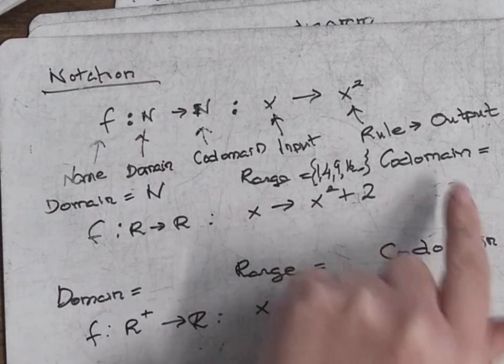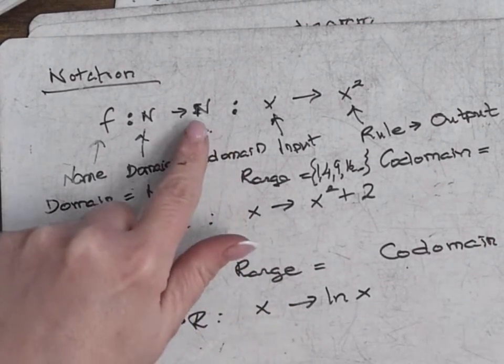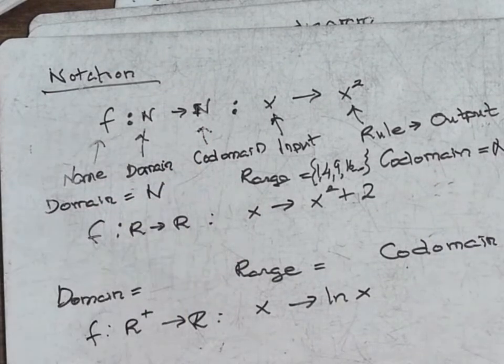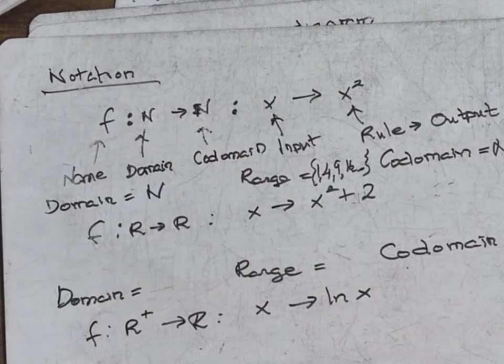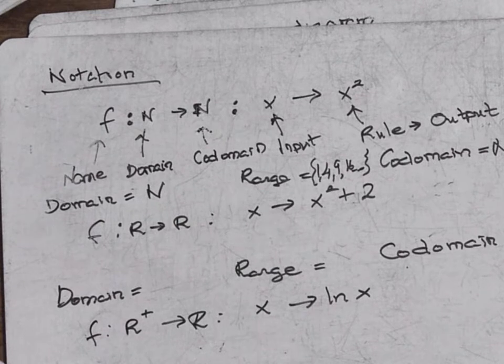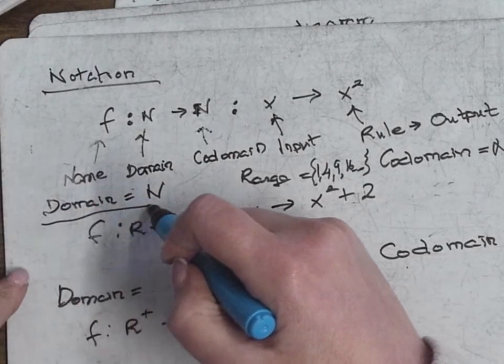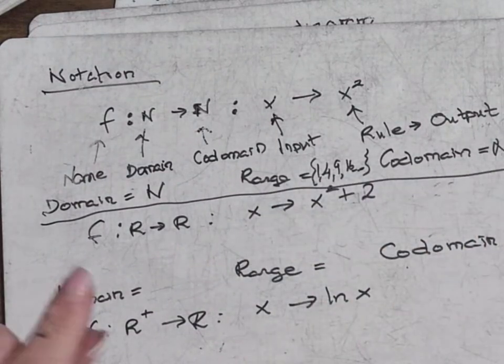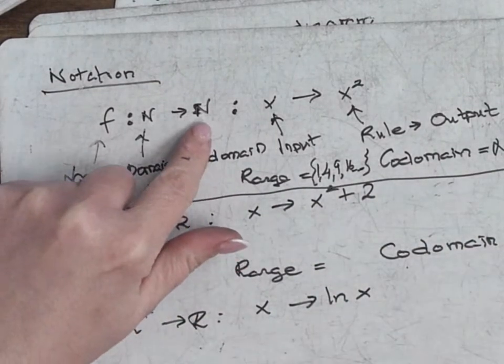The codomain is all the possibilities. So basically any natural number is possible. According to that rule, any natural number is possible. N is also N, so that's the codomain.